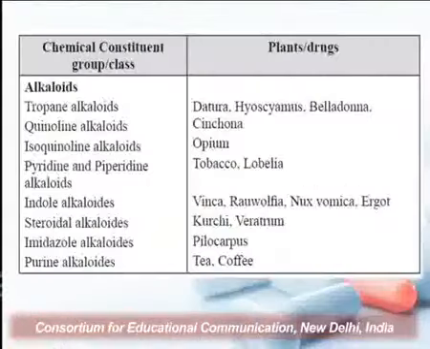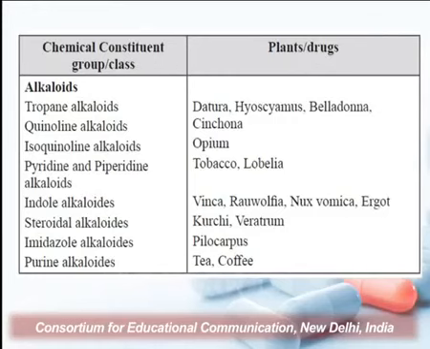This system requires the use of the chemical constituents present in a particular plant, and on the basis of the type of chemical constituent present, the plants are classified into groups.